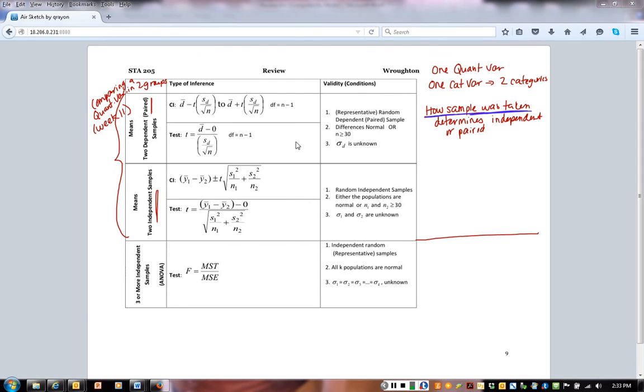So if I take a random sample of 20 guys and a random sample of 20 girls, is there a certain guy I have to match with a certain girl? That's the kind of question I want to be asking myself. And if you remember from back then, we always assume independent until we know otherwise.